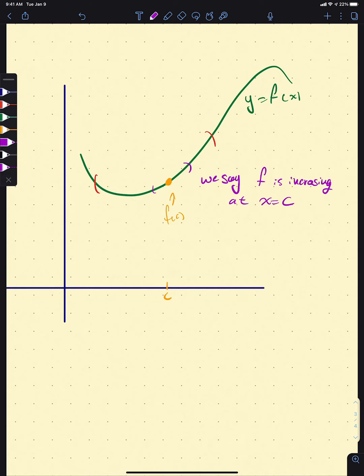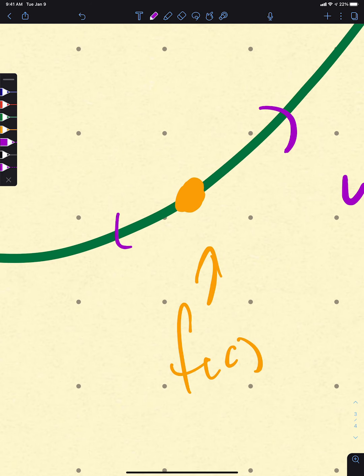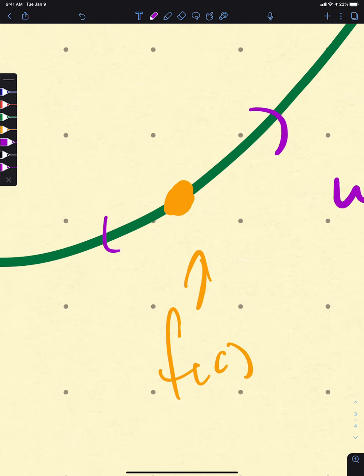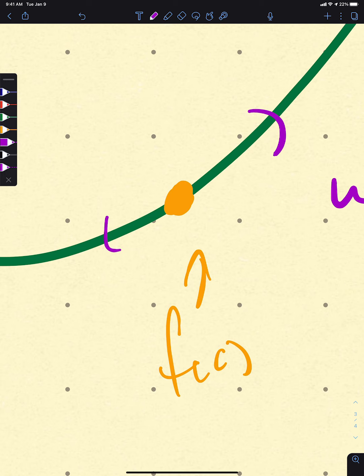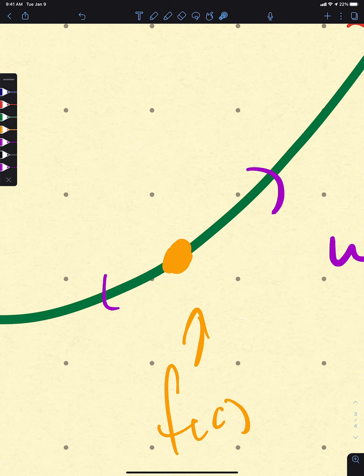Because if I zoom in enough, and my iPad won't let me go too much further in, but if you were to keep zooming in to this interval, this is looking more and more like a line.